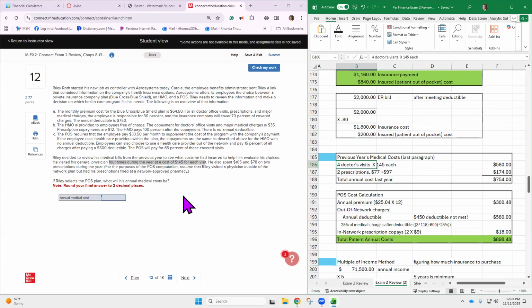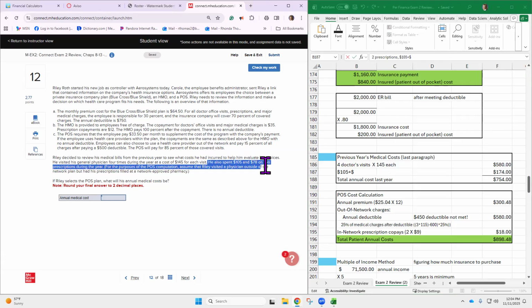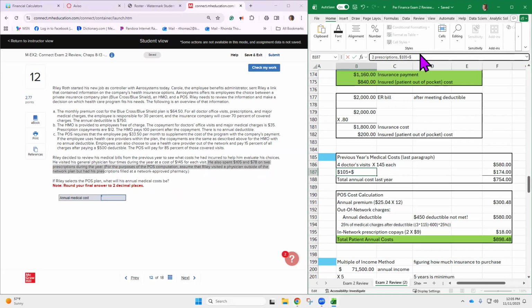Then I think we all have 2 prescriptions, but we have different costs of those prescriptions. Mine is 105 plus 78. He also spent 105 and 78 on 2 prescriptions for the year. You'll need those 2 amounts.